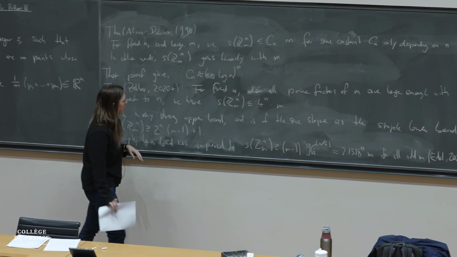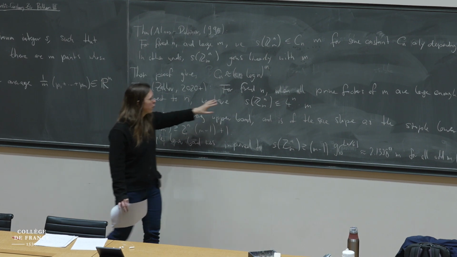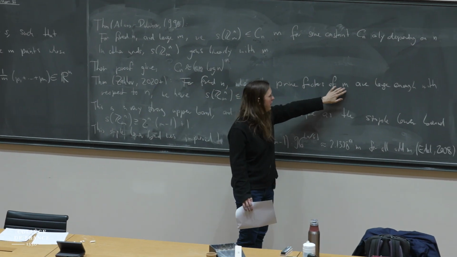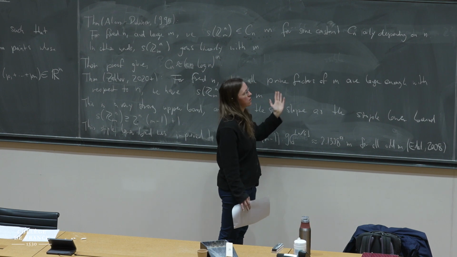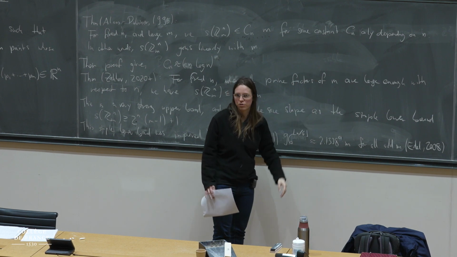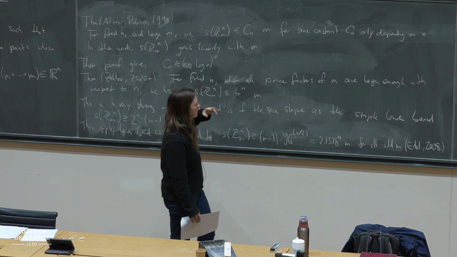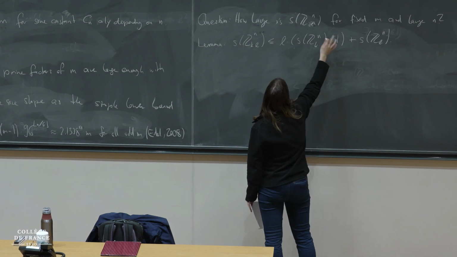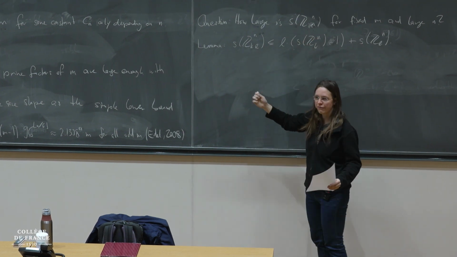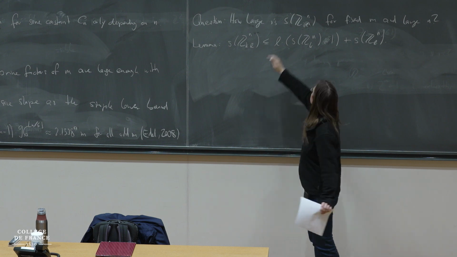And similarly, Zakharov just focused on the case that M is a prime which is large enough with respect to N. Then he got this bound, and he got it for free for the case that all prime factors of M are large. So when studying this, using this lemma, you can decompose M into prime factors, and then you basically only want to study the case where this number is a prime.